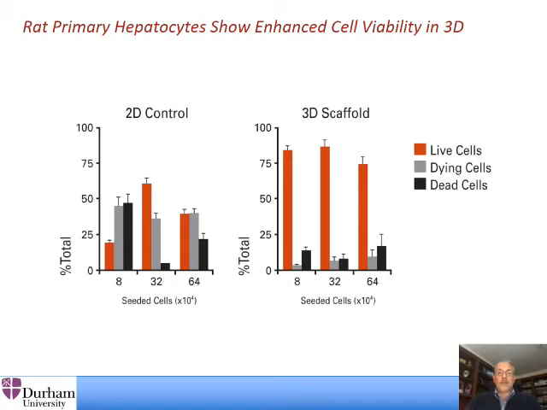Cell viability is also significantly enhanced as a consequence of cell growth in the 3D system. And this is data showing for rat primary hepatocytes, and primary hepatocytes are valuable. And we see that this live dead assay demonstrates enhanced viability in 3D compared to 2D.